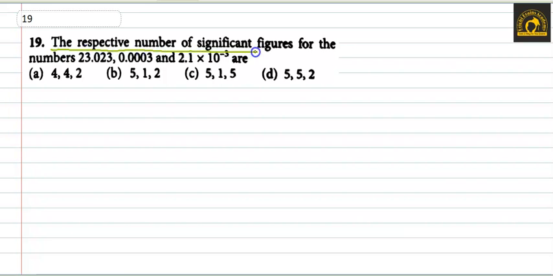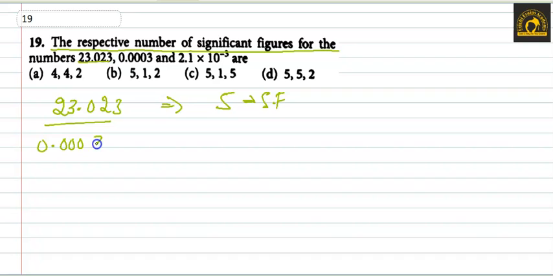Next, the number of significant figures. The first number is 23.023. How many significant figures? 1, 2, 3, 4, 5. Because all those are nonzero or enclosed digits, it has 5 significant figures. Then 0.0003.